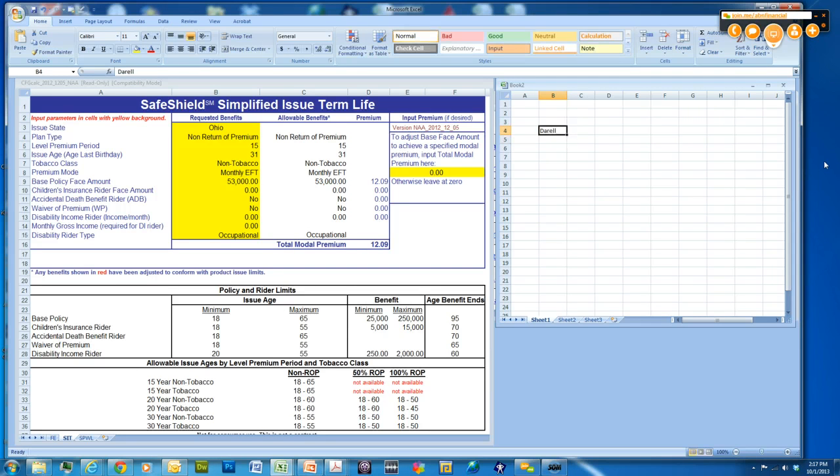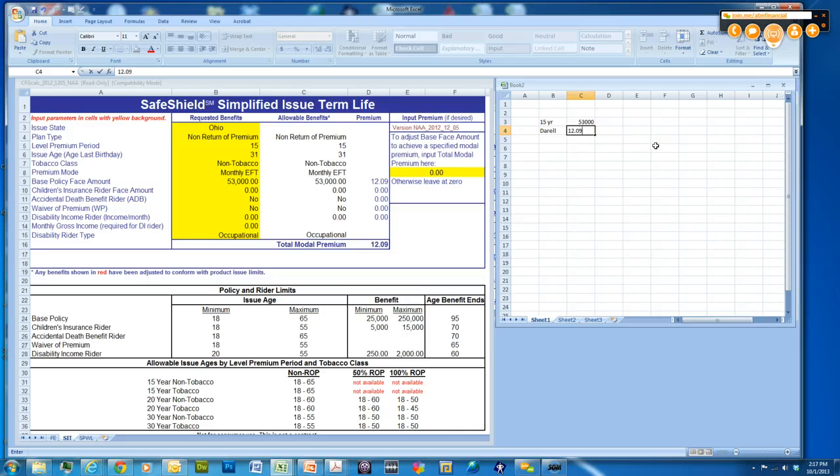And then this is the basic benefit of 53,000, 15-year term. So you can see that 15-year, 53,000, it's $12.09.